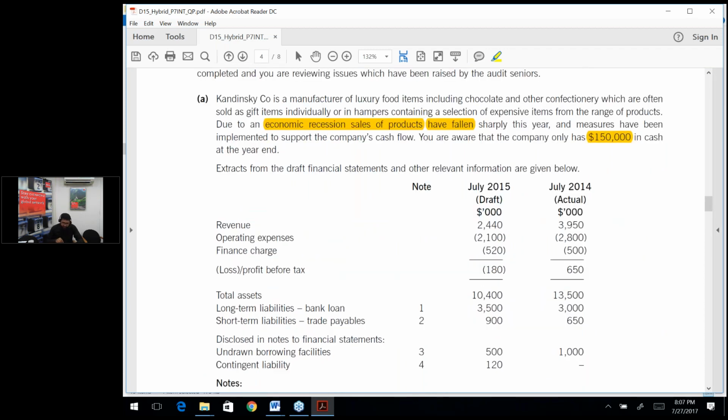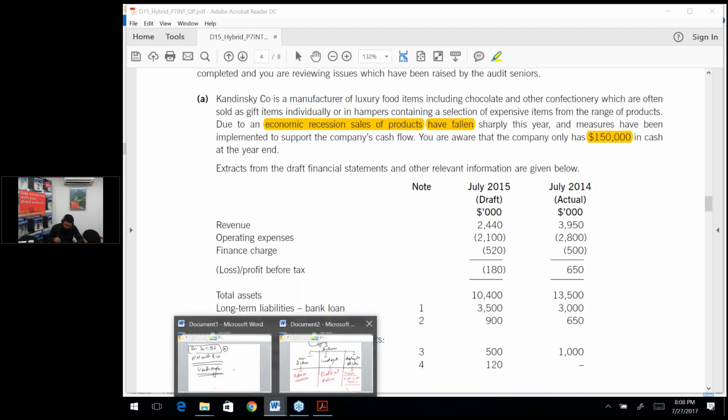So it says Canadian Sky, which is a manufacturer of luxury food items including chocolate and other confectionaries, which are often sold as gift items individually or in hampers containing a selection of expensive items from the range of products. Due to economic recession, the sales of the products have fallen sharply, and measures have been implemented to support the company's cash flows.